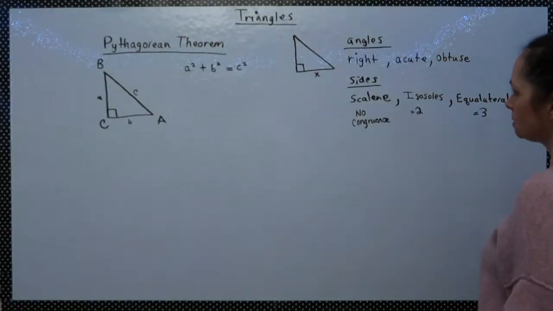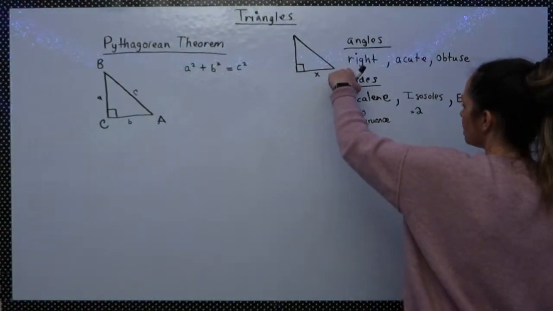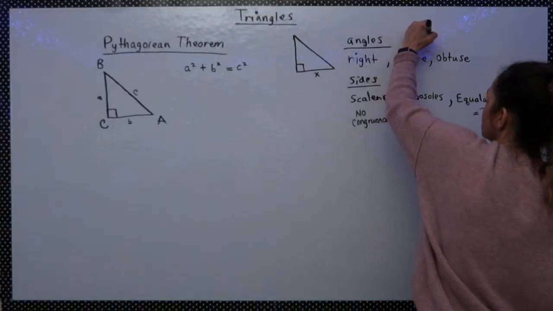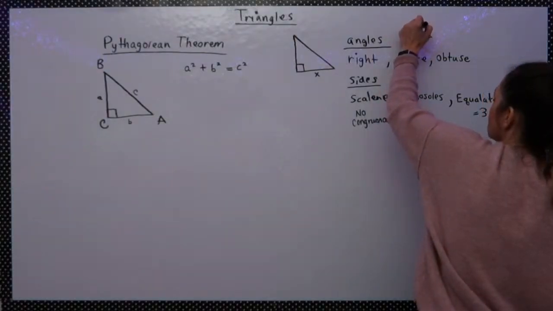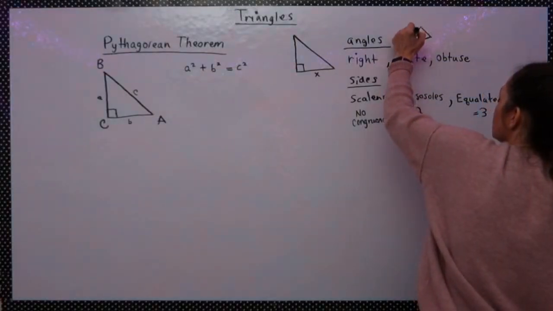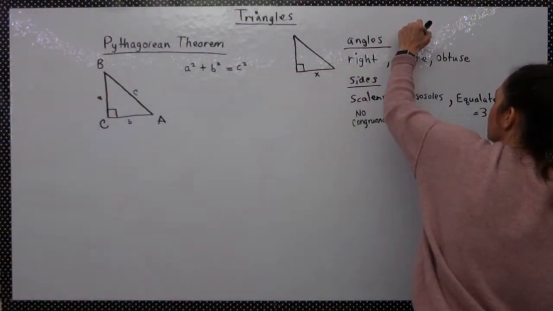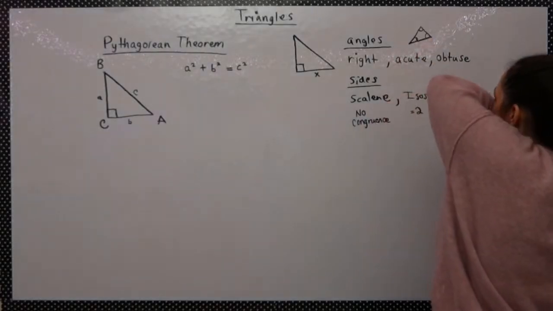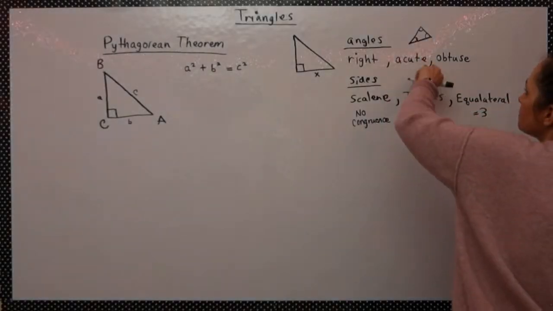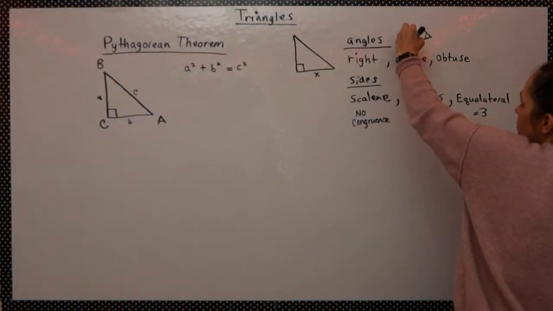And then you have a right triangle, an acute triangle would be all three. Well, you'd have to have one obtuse, I think. So acute is where your degree measures.